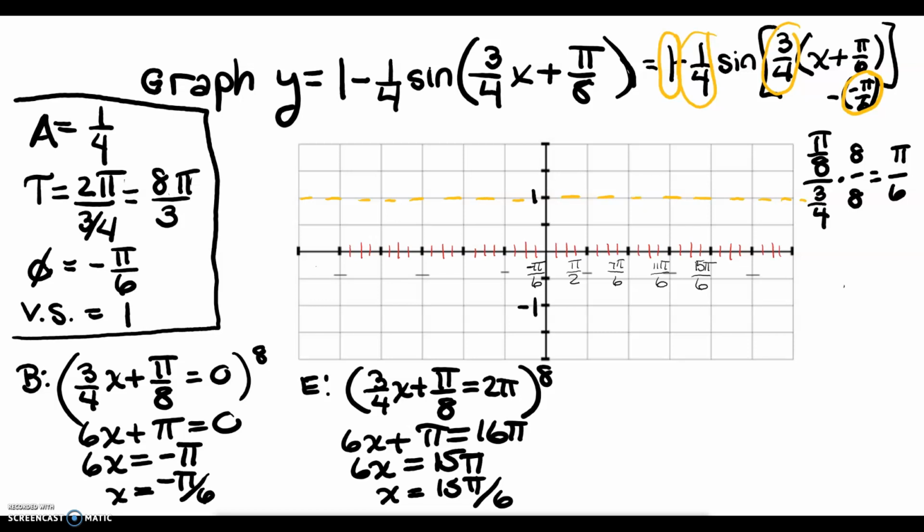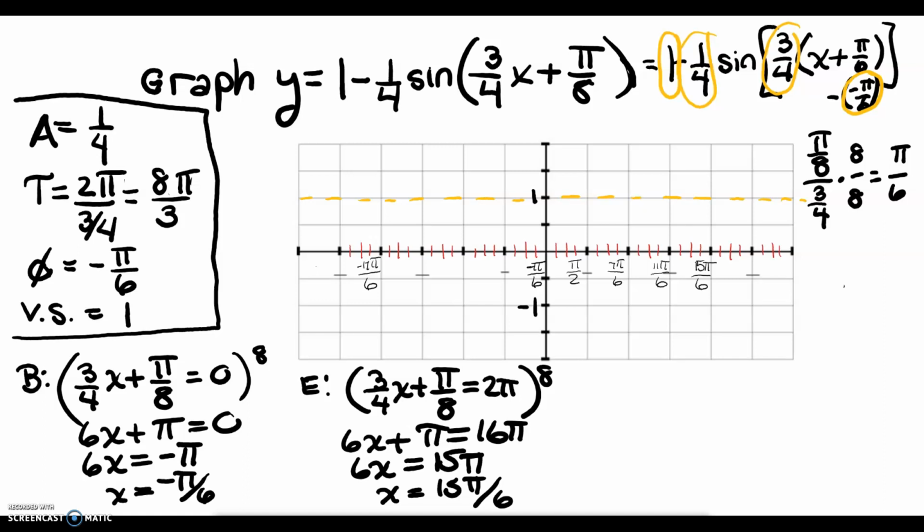If I go backwards 16 tick marks, I'm not sure I even have marked enough. That's 4, 8, 12, 16. Okay, I did mark enough. So if I go backwards 16, I'm at negative 17 pi over 6.